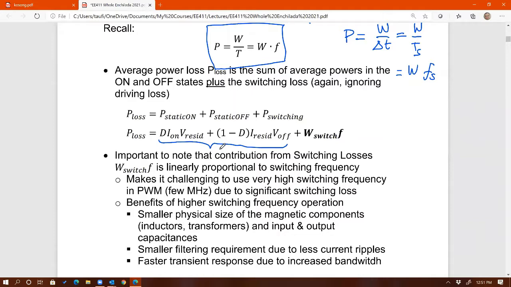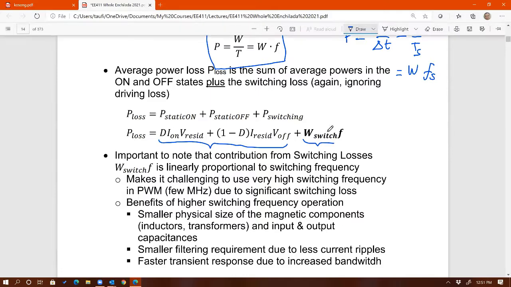Right, that's our static loss, right? And then for the switching loss, I'm going to just use the same label, W switch, except now because we are looking for P, I'm going to multiply switching energy by frequency.